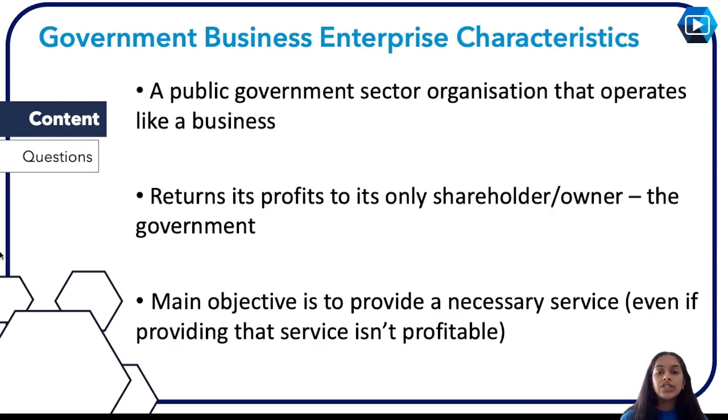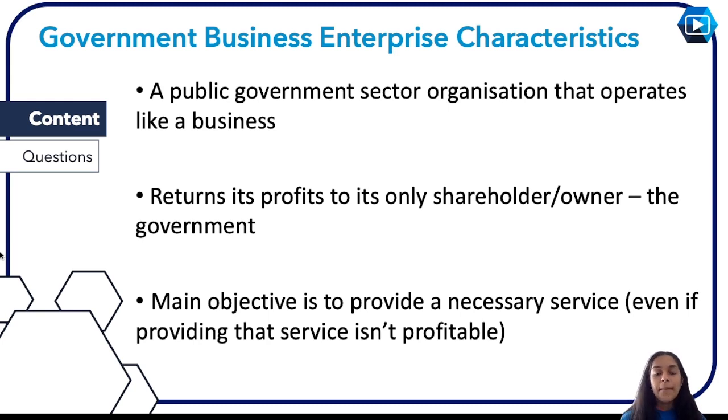And then we have our GBEs, so Government Business Enterprise. They are a public government sector organization that operates like a business. So it's essentially just a business owned by the government, and their profits will be returned to their shareholder/owner, which is the government.